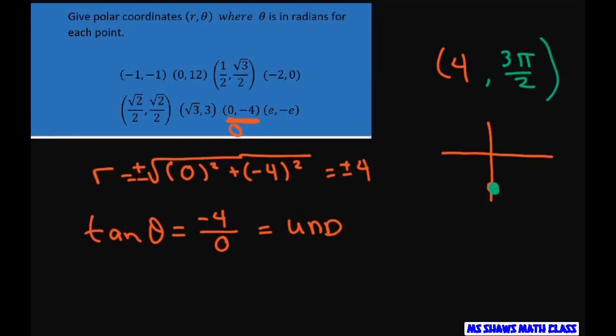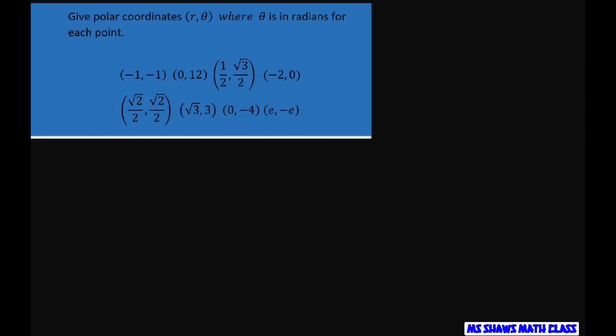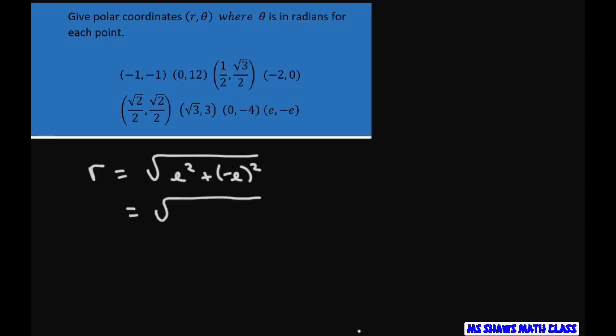And finally, for the last one, we have r equals, let's see, where am I at? Okay, the square root of e squared plus (-e) squared. So this equals the square root of 2e squared, plus and minus again, which equals, you can pull out this e, so this would be plus or minus e√2.